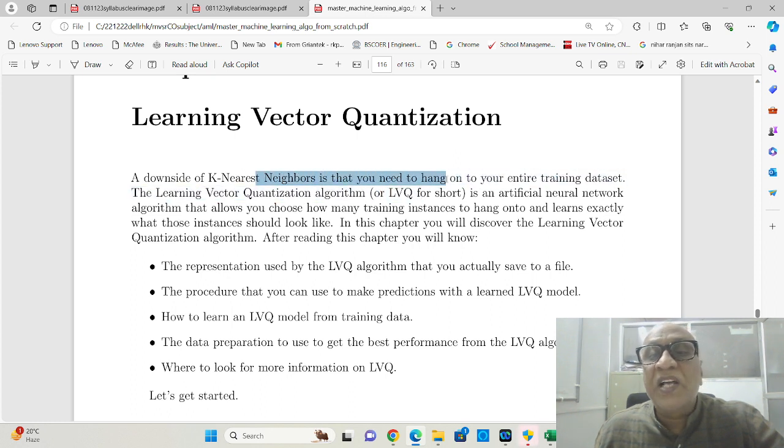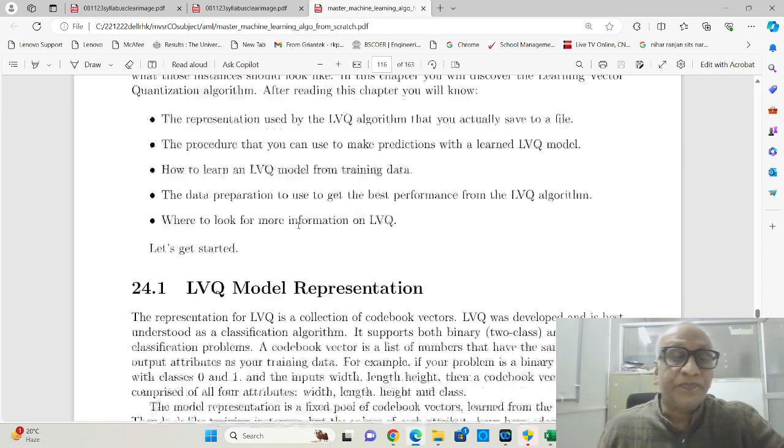K nearest neighbor, as you remember, has to rely on the entire training data set, while LVQ is an ANN algorithm, an artificial neural network algorithm, that will allow you to choose how many training instances you want and what those instances should look like.